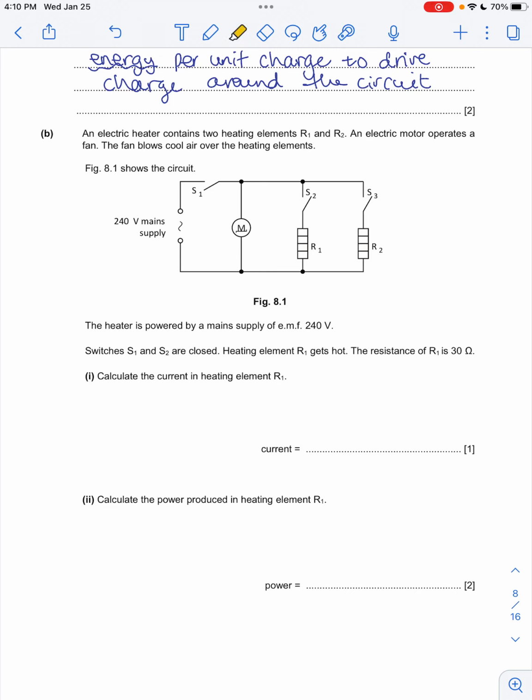So question I is asking me to calculate the current in R1. To do that, I want to identify all of the things that I know are happening in R1. I'm told the resistance, which is useful.